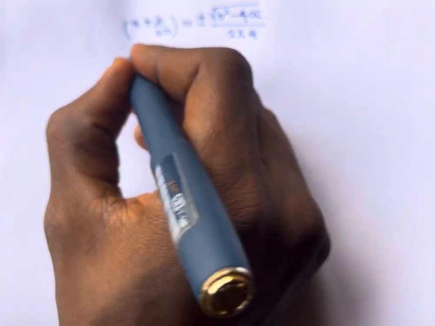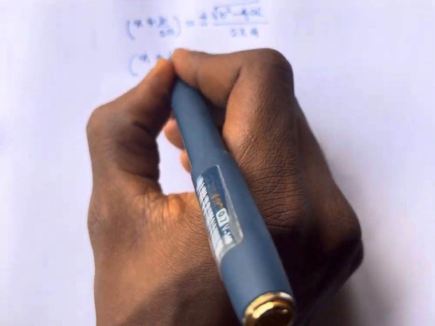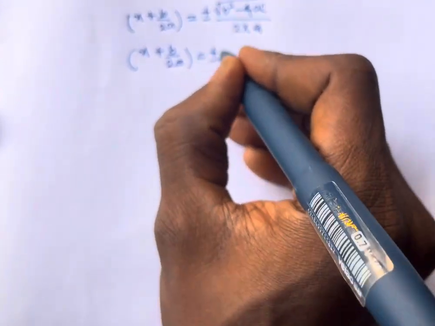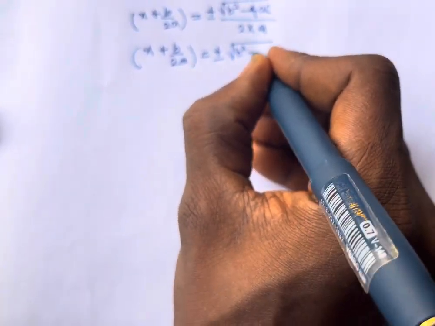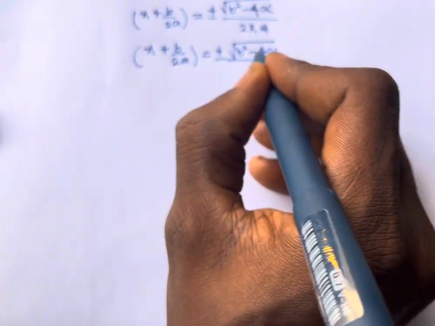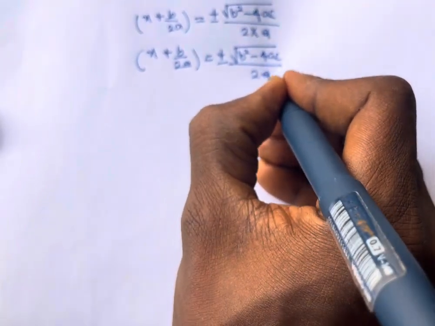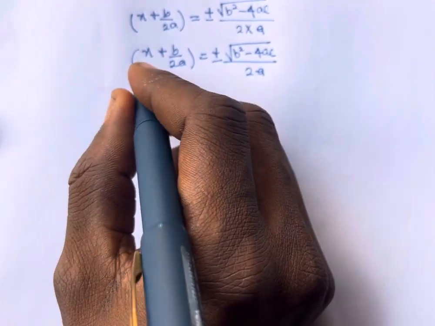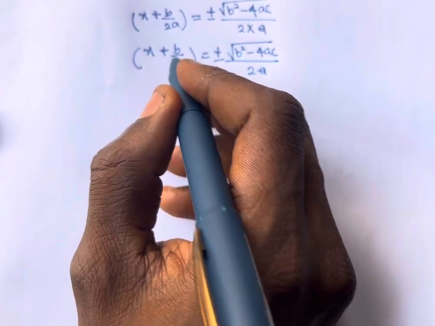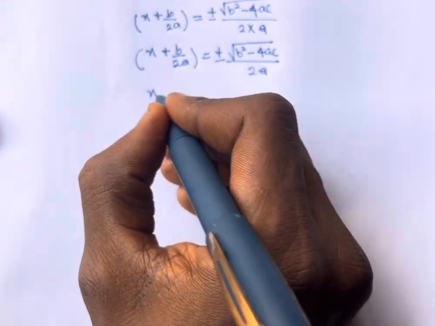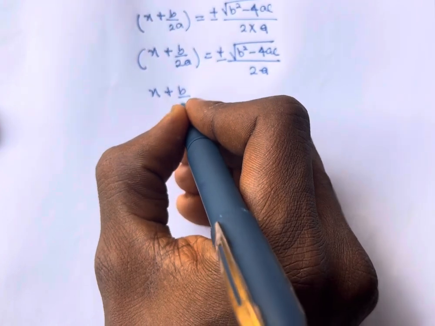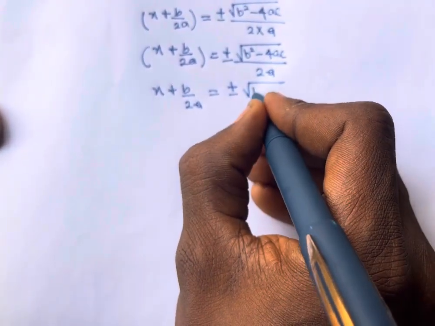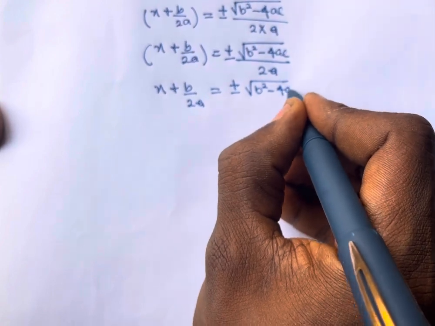Then we have x plus b over 2a is equal to plus or minus the square root of b squared minus 4ac, 2 times a, we have 2a. Then we have to transfer this to this side. We have x plus b over 2a is equal to plus or minus the square root of b squared minus 4ac all over 2a.